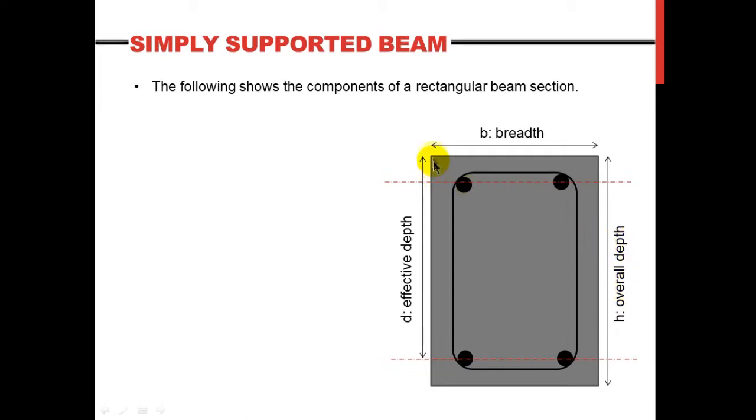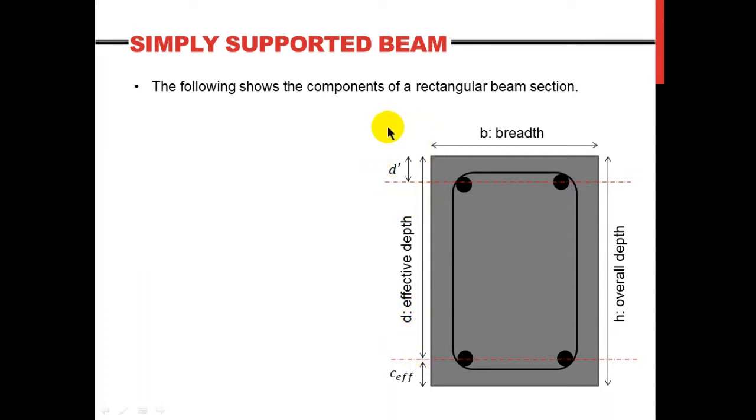But the depth from the extreme top to the center of the tension rebar is the effective depth, given as D. We have the effective depth of the compression reinforcement, and we have the effective cover to the reinforcement. D is the effective depth of the tension reinforcement.